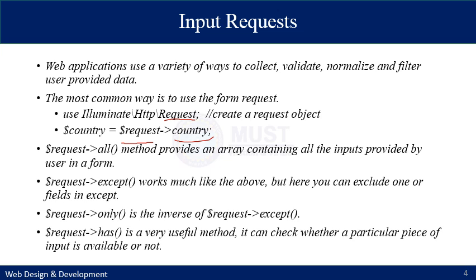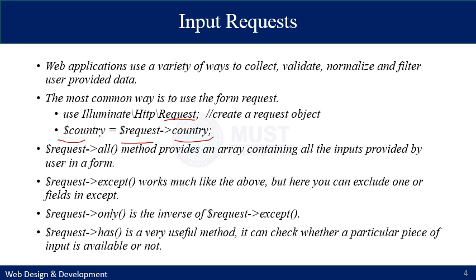For example, in the banking app example which we discussed in the last few lectures, we had one field in the form called country, and we can access the value of the country using this statement.